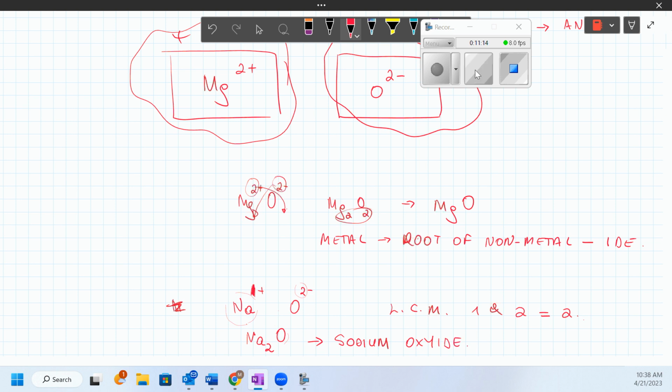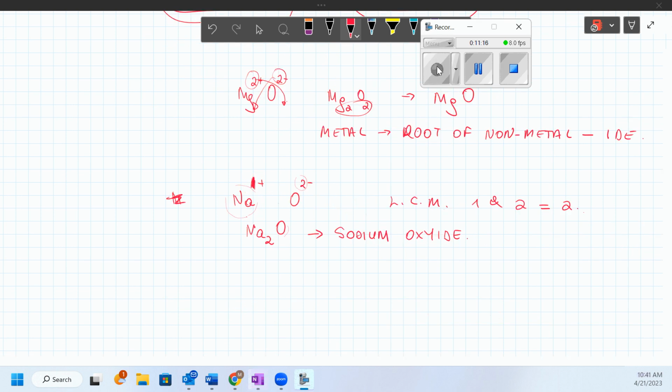So ionic compounds are bonded together through the electrostatic force that exists between them, based on the general law of electricity that opposite charges attract each other.